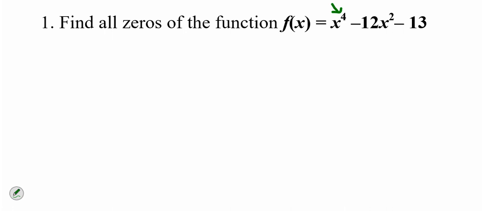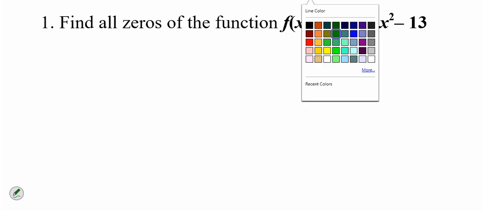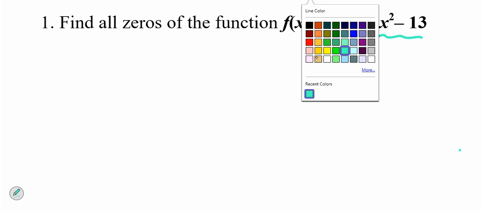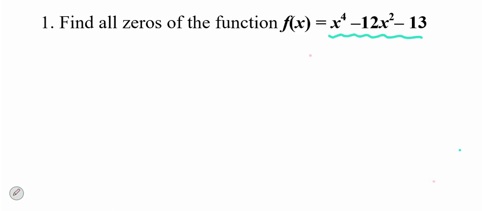So let's jump right into problem number 1. This is the first problem on your notes. So this looks like a quadratic, right? But it's not. It's a quartic. The highest power is 4. Now let's go ahead and play the game. Let's pretend we've done this before.